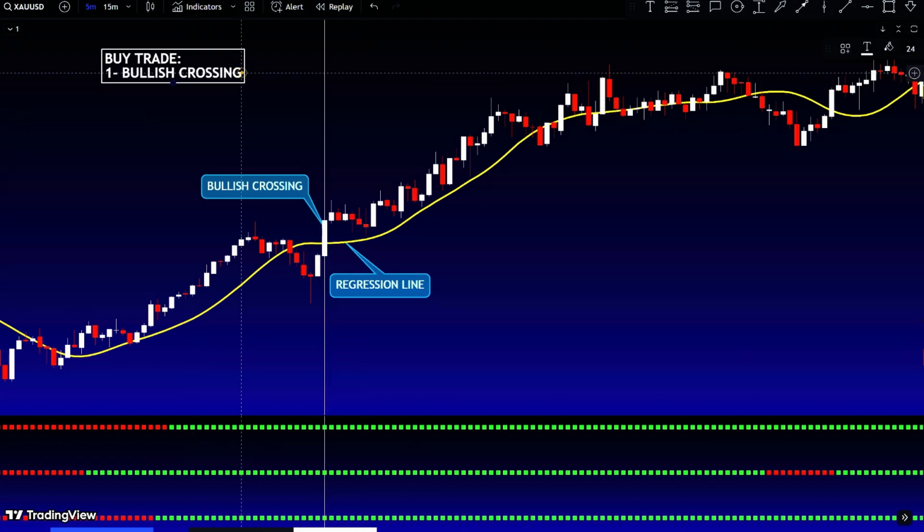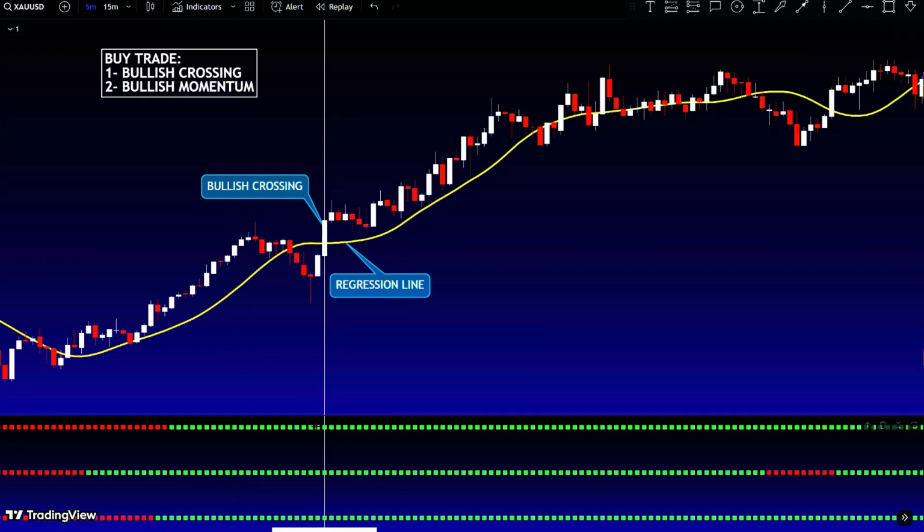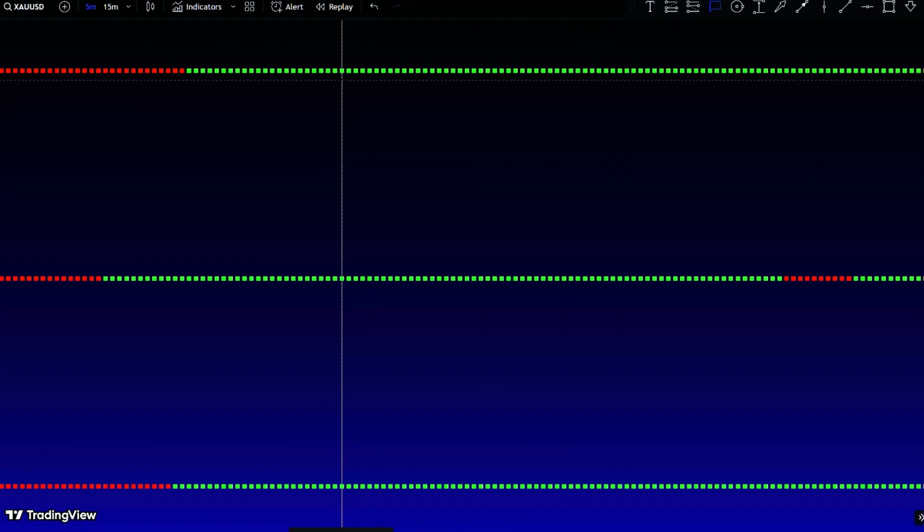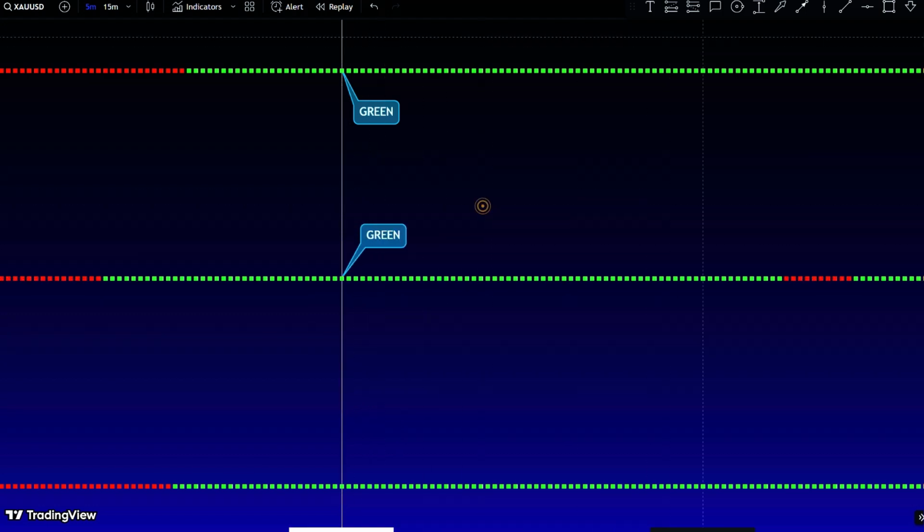But to enter the trade, we need one more confirmation signal. At the same time the candle closes above the regression line, the EMA trend meter oscillator should have all its components showing green. This confirms the bullish momentum we're looking for in the market, giving us the go-ahead to proceed.